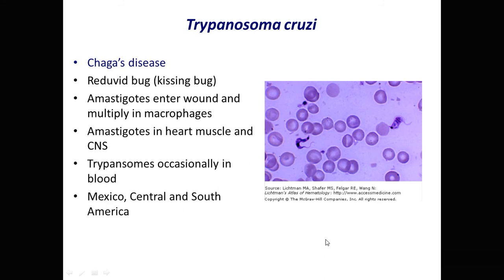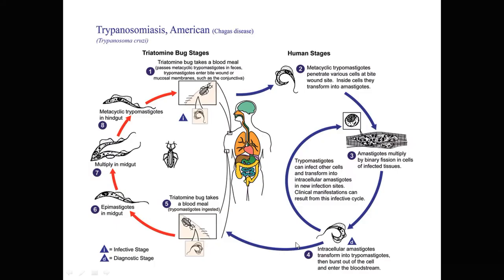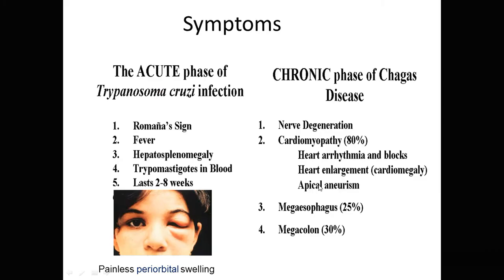So distribution is in Mexico, Central and South America. This is the cycle. We'll not go into the details. And the symptoms, so we have two stages, acute and chronic phase. And in the acute phase, we have Romana sign. This is painless periorbital swelling of the eye.